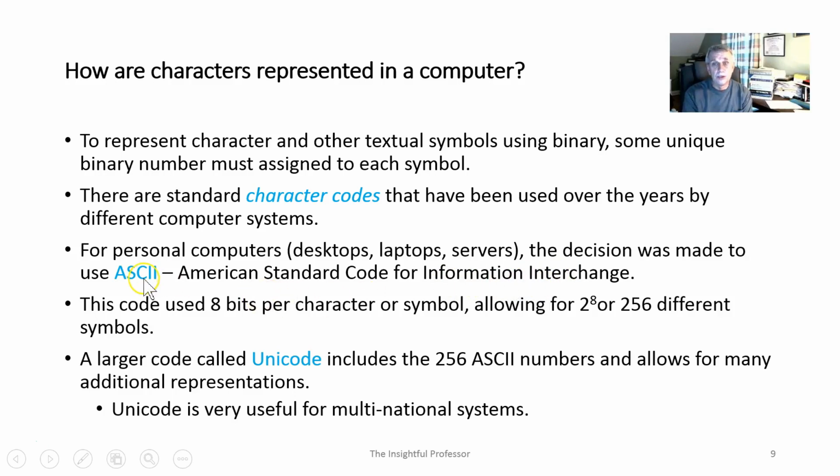A lot easier to say ASCII. The code uses 8 bits to represent a single character or symbol. The 8 bits then give us 2 to the 8, or 256 different possible symbols that we can represent.